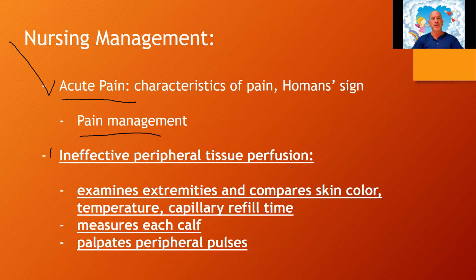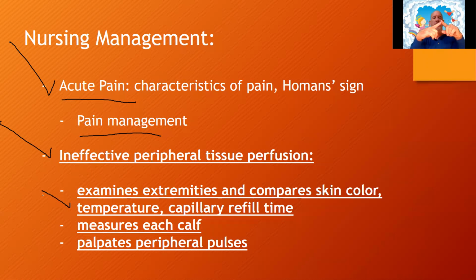Another nursing diagnosis, ineffective peripheral tissue perfusion. When you have that, you have to be careful that you always check their extremity, check their capillary refill, check the temperature. If they have restricted blood flow, their limbs are going to be cool to the touch. And CMS.